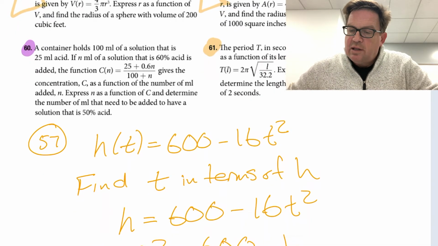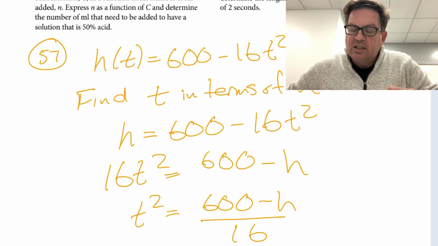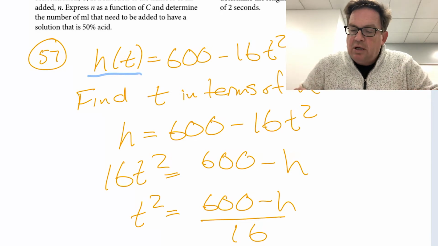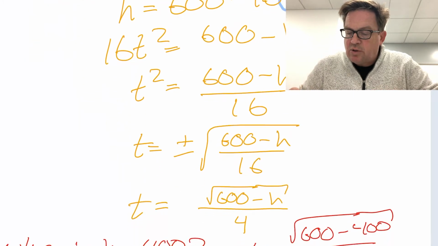Here they have an object dropped from a height of 600 feet. This is the height after so many seconds, and an inverse is just switching. This one is plug in the time and get out the height. So the inverse would be plug in the height and get out the time. And so you have to solve for the time in this equation.